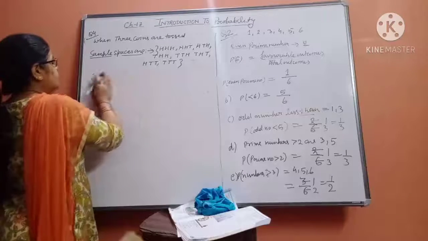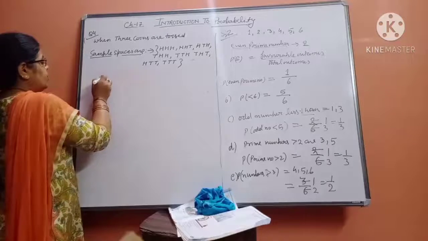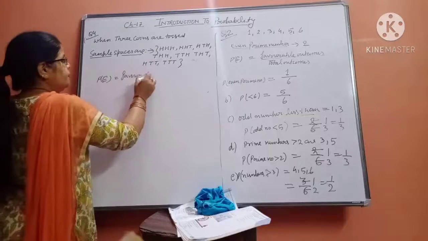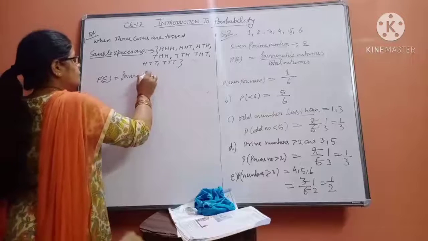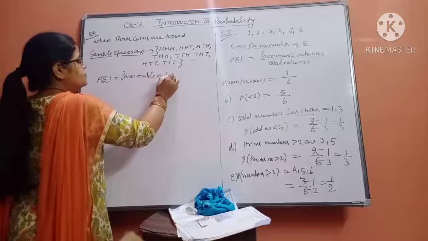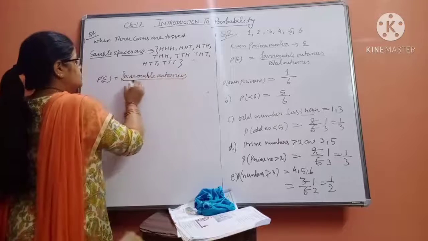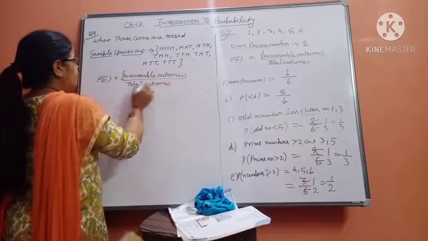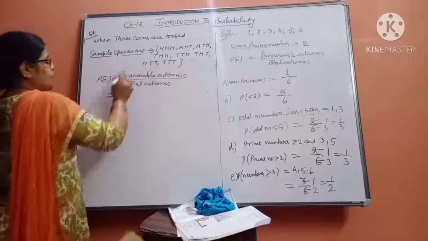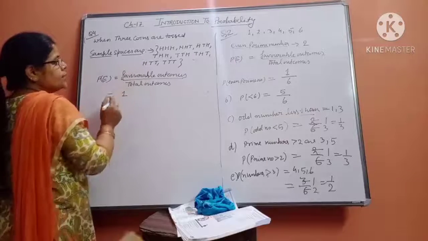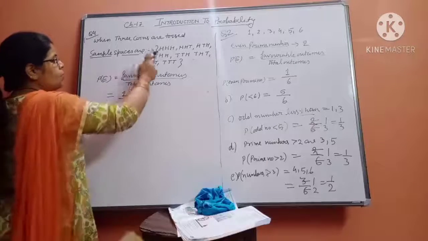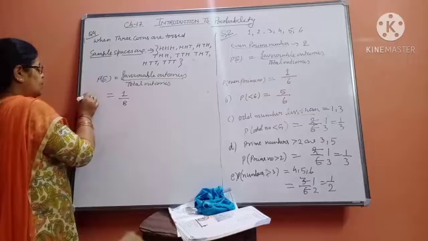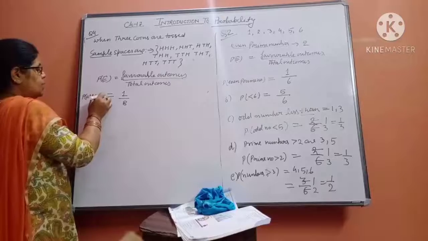Probability of an event is equal to favorable outcomes upon total outcomes. So favorable outcomes are how many? Only one, and total outcomes are 8. So here you will write the probability of all heads. Okay, it is your A part.